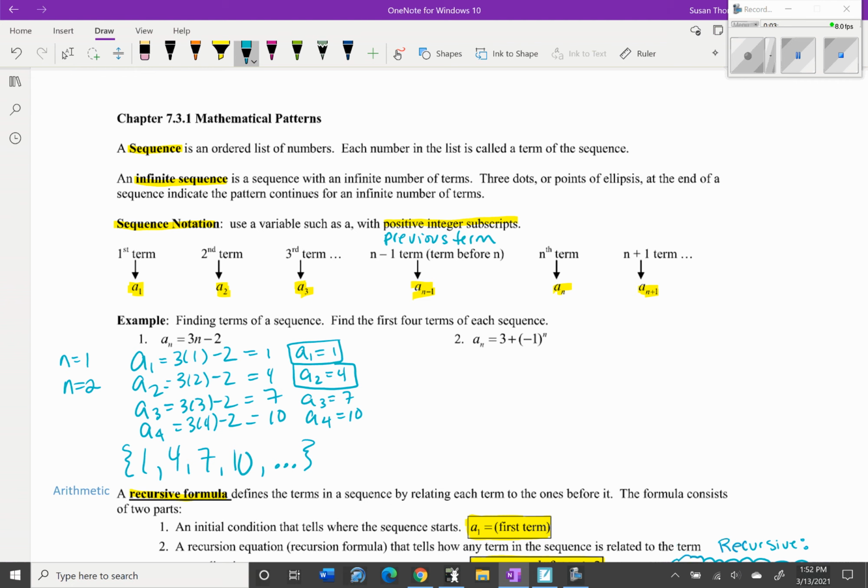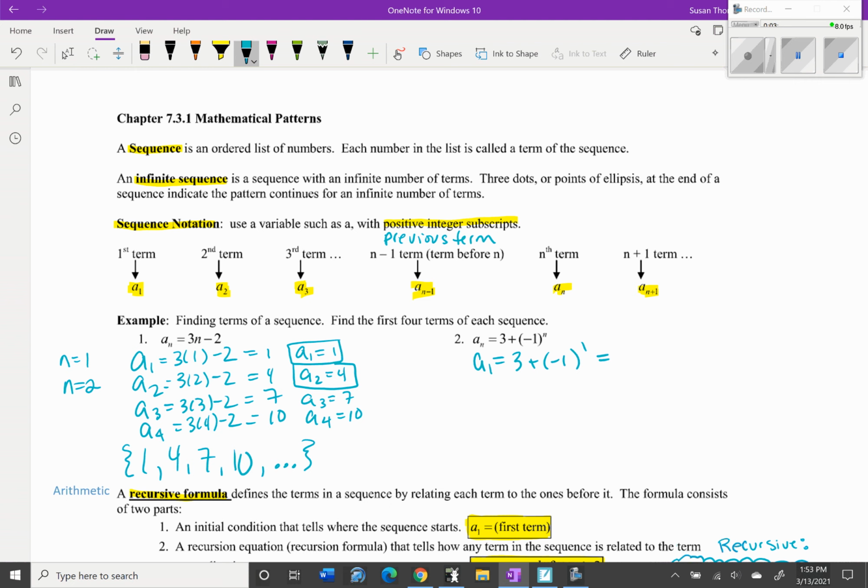So looking at the next one, we have a sub n equals 3 plus negative 1 to the power of n, which is not an arithmetic sequence. Again, you're plugging in the first 4 terms, so n equals 1 to n equals 4. A sub 1 equals 3 plus negative 1 to the first power.